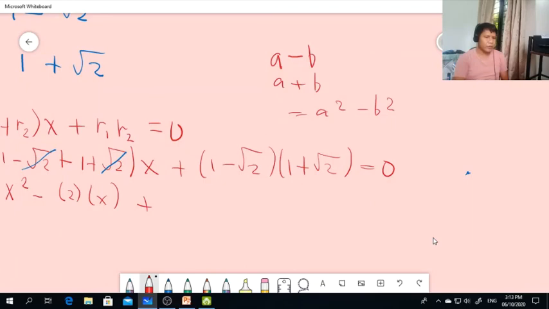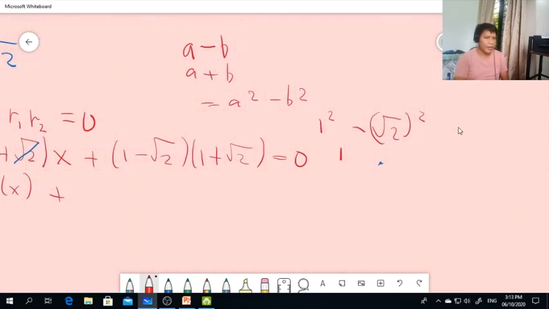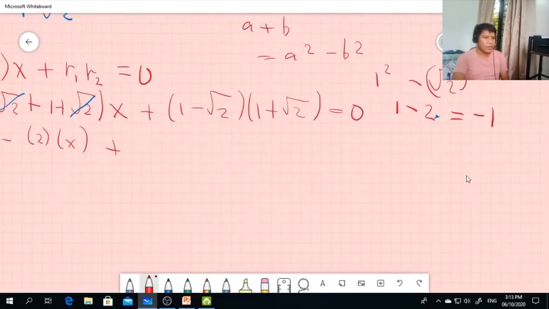So multiplying 1 minus square root of 2 by 1 plus square root of 2, we have 1 squared minus square root of 2 squared. Simplifying further, we have 1 minus 2, and this is negative 1. So the answer is negative 1.